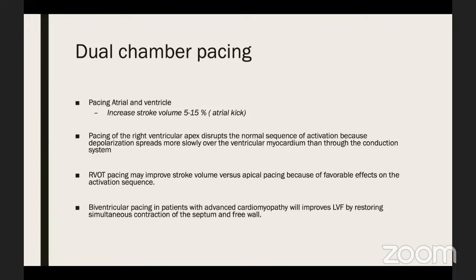atrial kick. Pacing of the right ventricular apex will disrupt the normal sequence of activation, because the depolarization will spread more slowly over the ventricle than going through the conduction system. So RVOT pacing may improve the stroke volume versus apical pacing because of a favorable effect on the activation sequence.